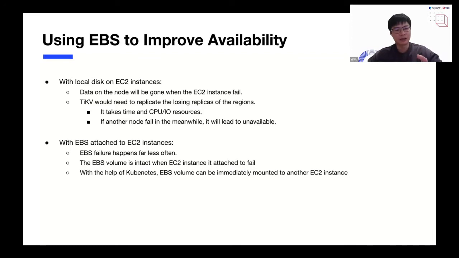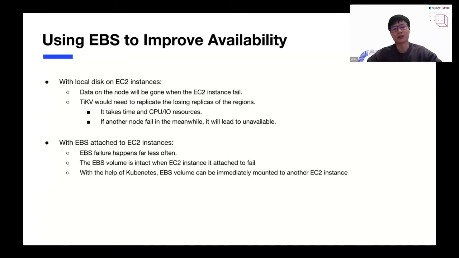With EBS, failures happen far less often, and when one EC2 instance fails, the data in the EBS volume is still there. With the help of Kubernetes, we can automatically remount this EBS volume to a new EC2 instance, and the data will immediately show up again.